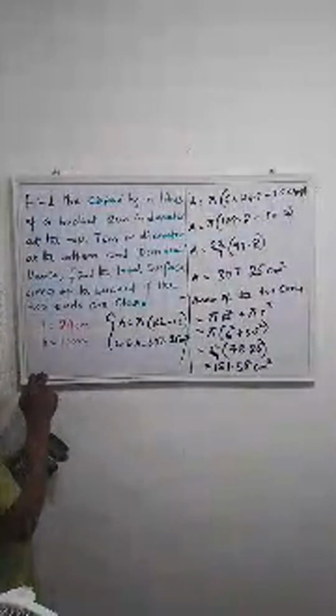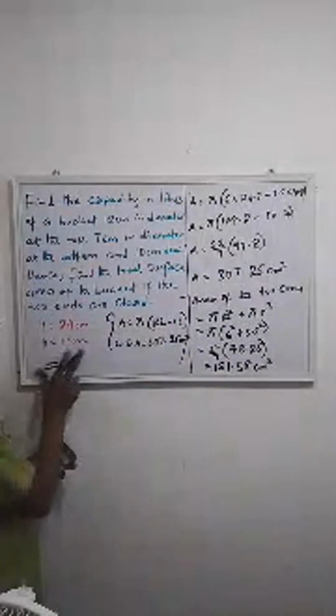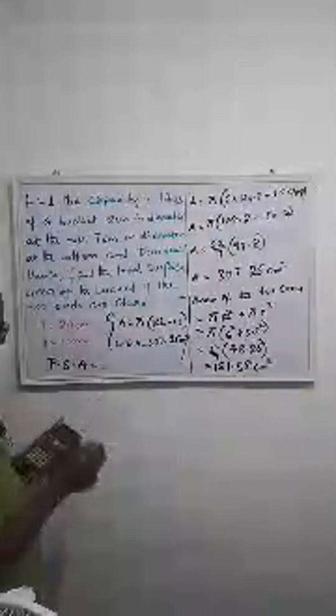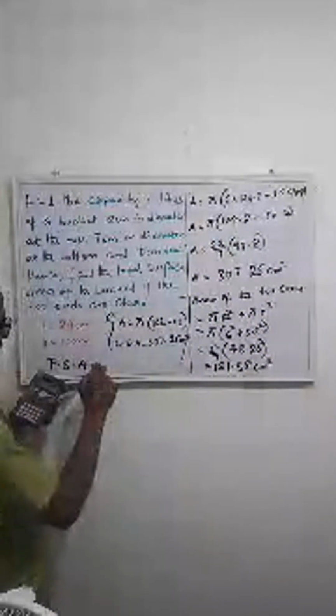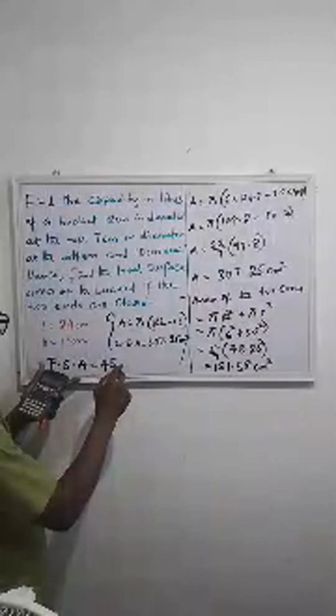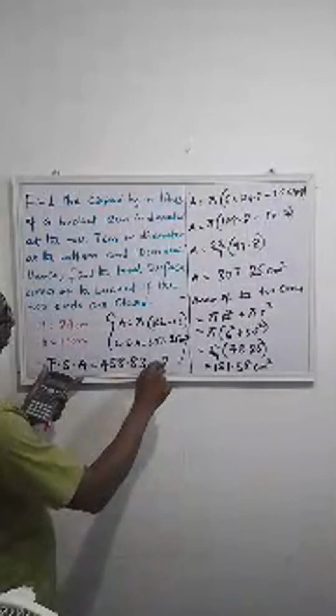So our final answer now, the total surface area, is going to give us 458.83 centimeters square. So this is the answer to the problem. All right, so I hope you understand that.